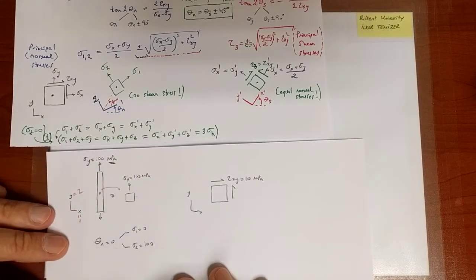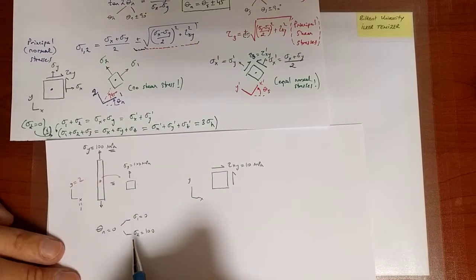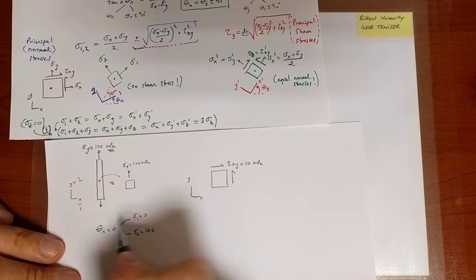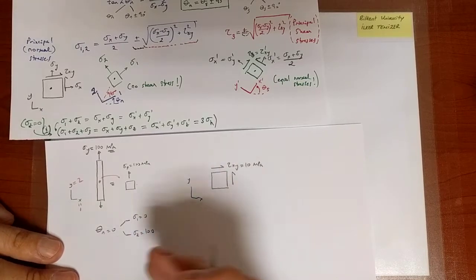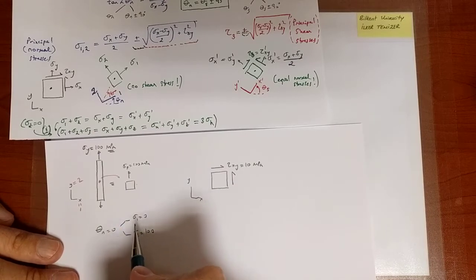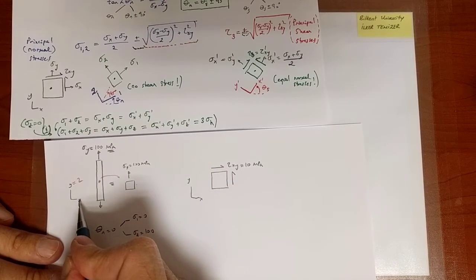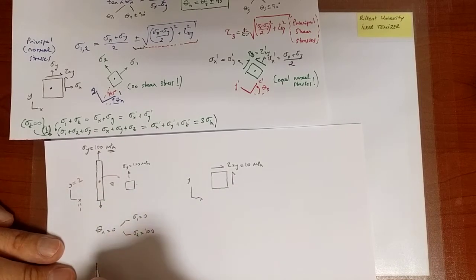I'm not going to write it explicitly. So these are the principal normal stresses. Notice again that sometimes one prefers to call the maximum one sigma 1 and the smallest one sigma 2, but I'm just associating 1 with the rotated value of x, 2 with the rotated value of y.